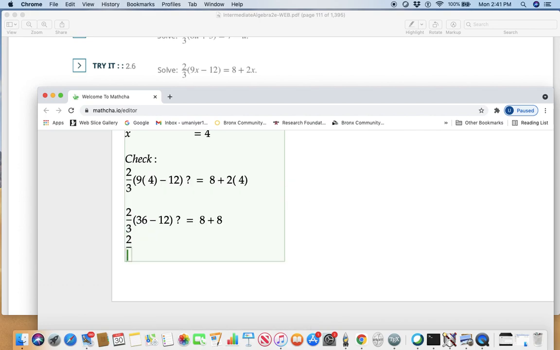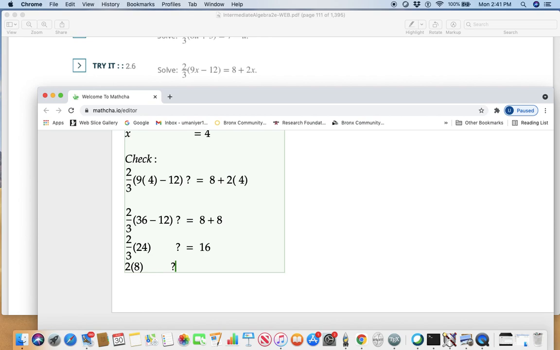So 2/3 times 24 question equals 16. Well, 3 goes into 24 8 times. 2 times 8 is 16. Well, 16 is indeed equal to 16. So yes, it is true.